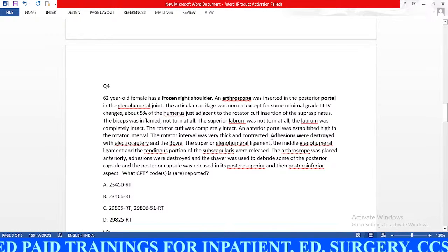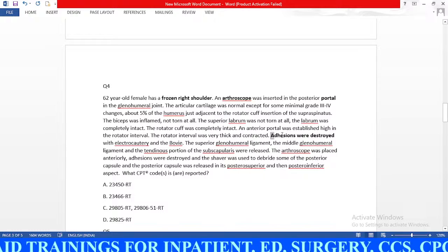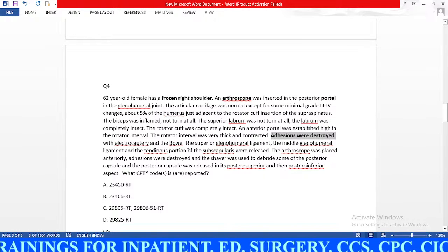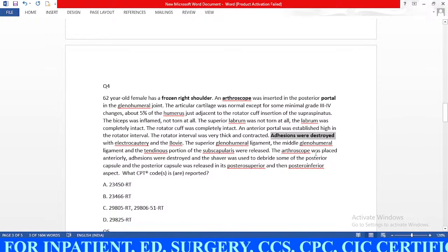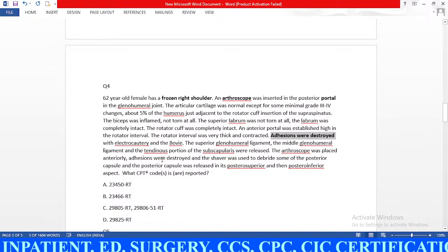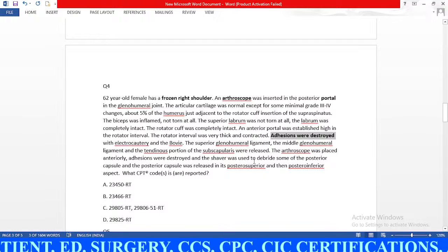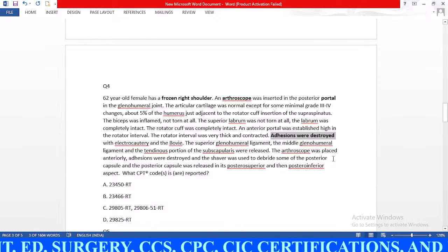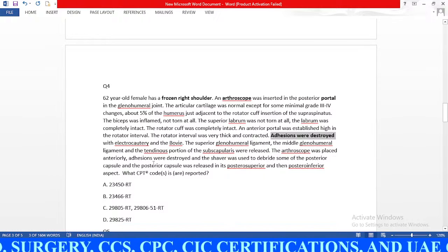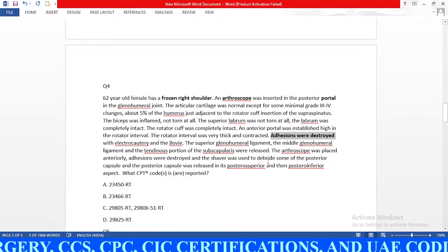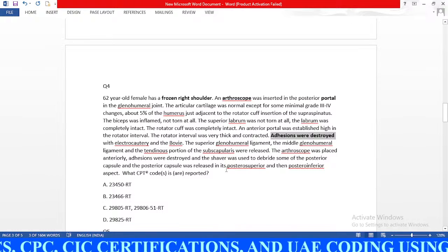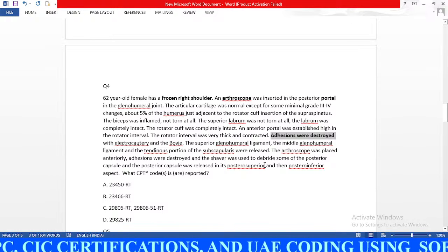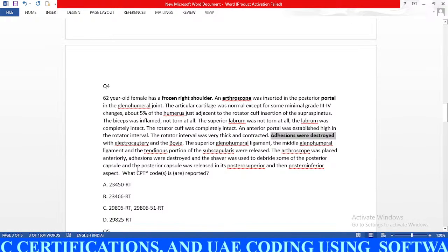So our original procedure starts from here. Adhesions were destroyed with electrocautery and the bovie. The superior glenohumeral ligament, the middle glenohumeral ligament, and the tendinous portion of the subscapularis were released. The arthroscope was placed anteriorly. Adhesions were destroyed, and the shaver was used to debride some of the posterior capsule. The posterior capsule was released in its posterior superior and then posterior inferior aspect.